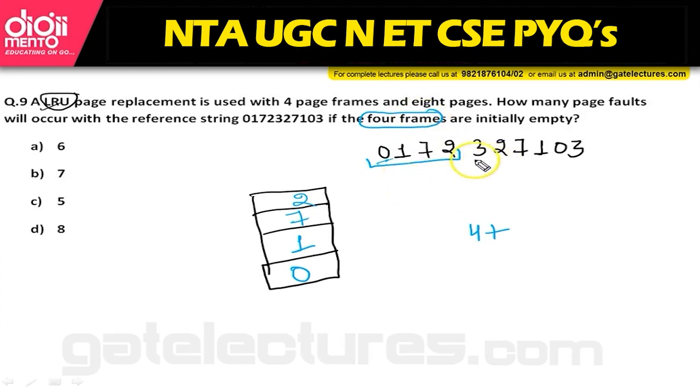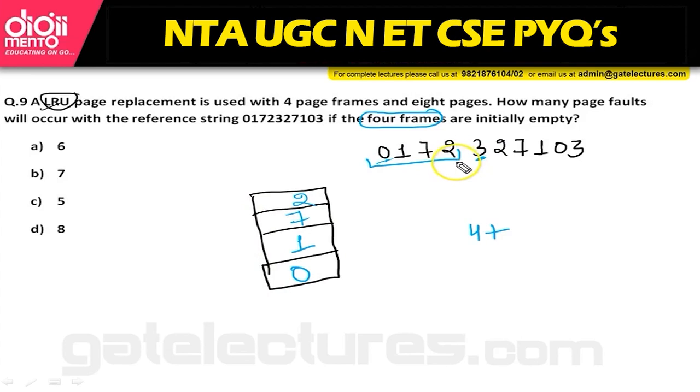Now 3 comes, and I do not have space for 3 and it is not already here, so I have to replace one of these to make space for 3. Now which one to replace? For that they have given least recently used. Okay, so look carefully. Now 3 has to be in place of one of them.